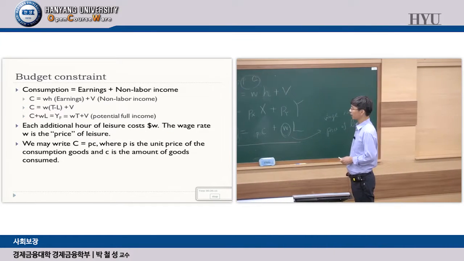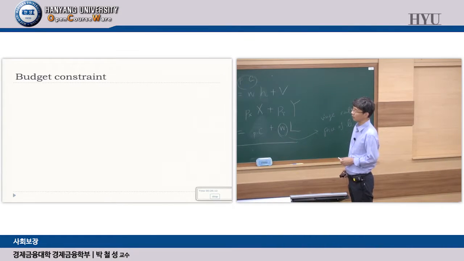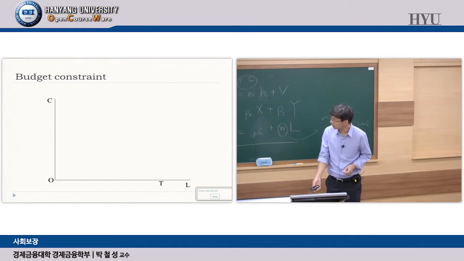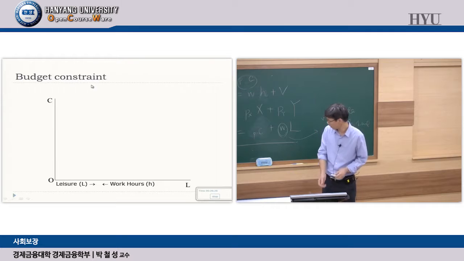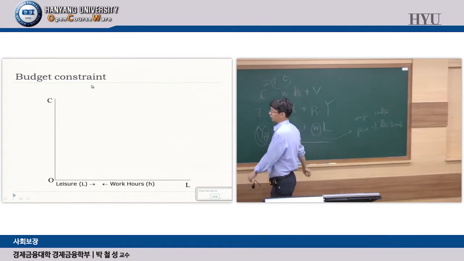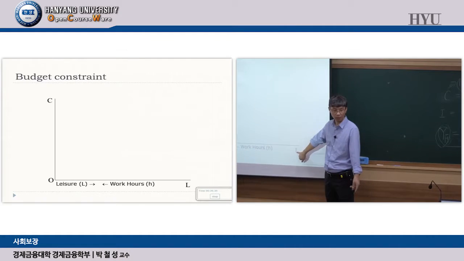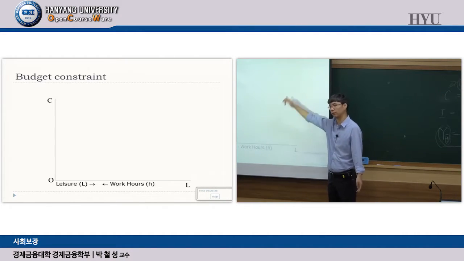Now, so we can understand how things work, because we can write the budget constraint now this way. First thing is that in all cases of the worker leisure choice model, the horizontal axis always gives you leisure time and the vertical axis always gives you consumption.